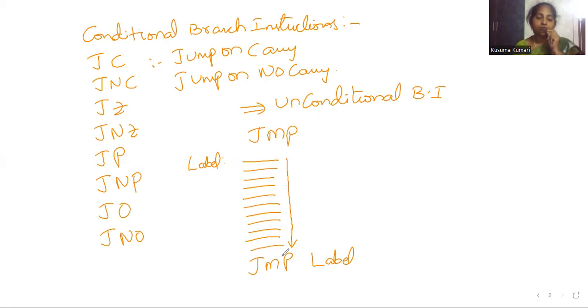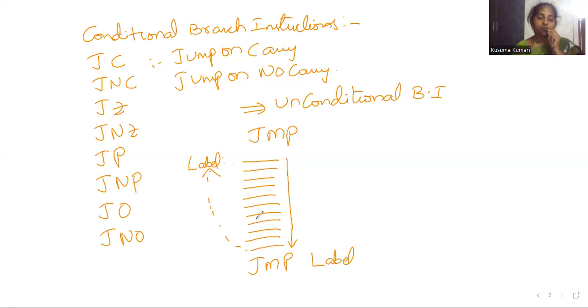Without checking any condition, it simply executes the jump instruction and shifts to the specified address, and again executes from top to bottom. Again a jump instruction is there, and it will jump to the specified address location. So that means this is complete.